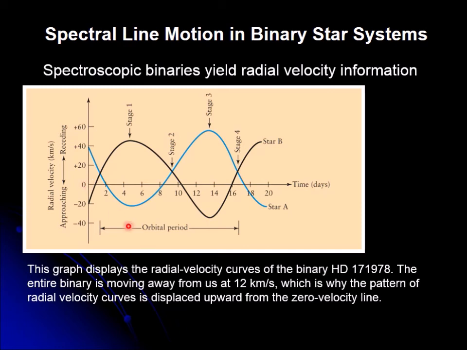So the entire binary system is moving away from us at a velocity of 12 kilometers per second. So right here, this is 12 kilometers per second. And if we want to represent these speeds in miles per hour, we're talking about 80,000 miles an hour.